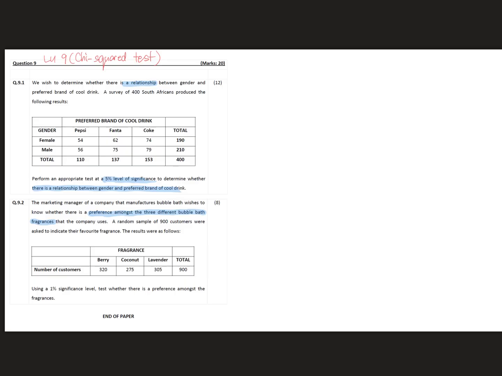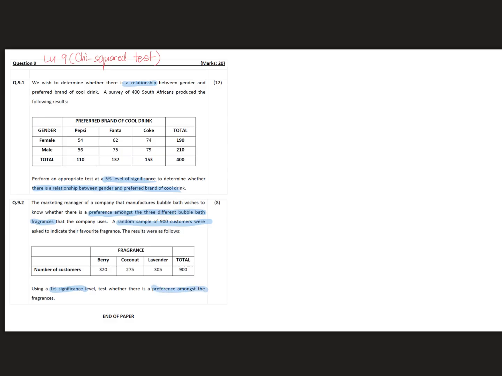A random sample of 900 customers were asked to indicate which is their favorite fragrance, and the results were as follows. So here they've given you the fragrances. The options are berry, coconut, and lavender. There are 900 in total. And then it says use a 1% significance level to test whether there is a preference amongst the fragrances.